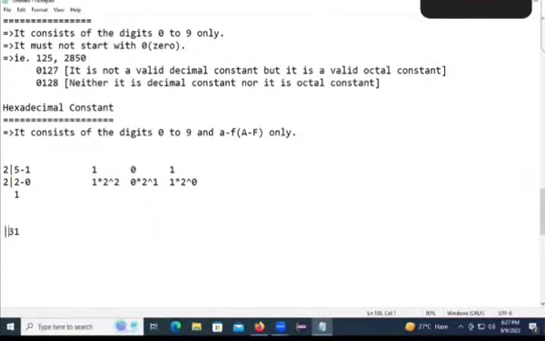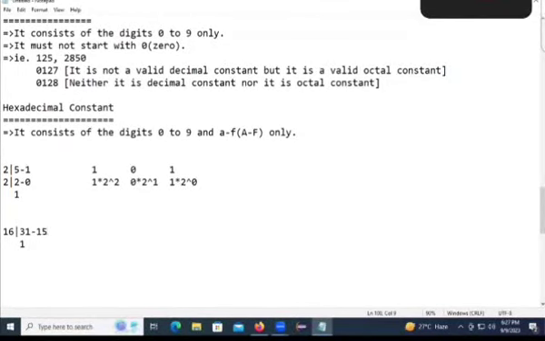31, divide by 16, right? 16 ones are 16, okay. And what is the remainder now? 15, right?